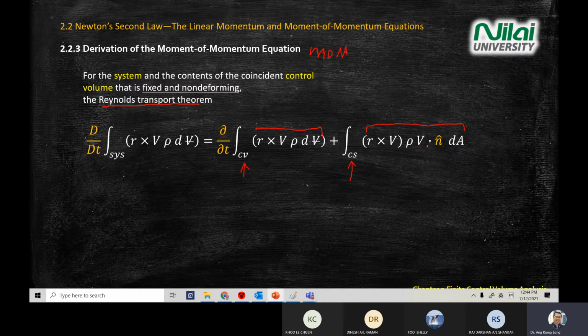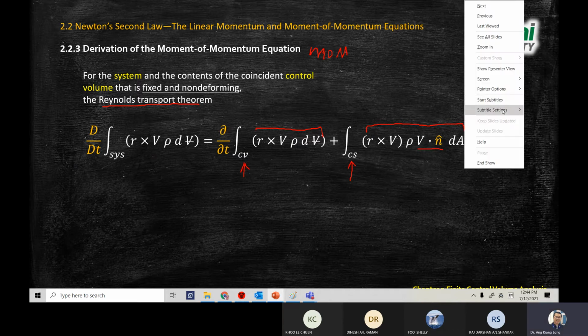On the right hand side for control surfaces, we have r cross V rho V dot n hat dA. So you have a vector dimension here, and you need to deal with it when you look at control surfaces.